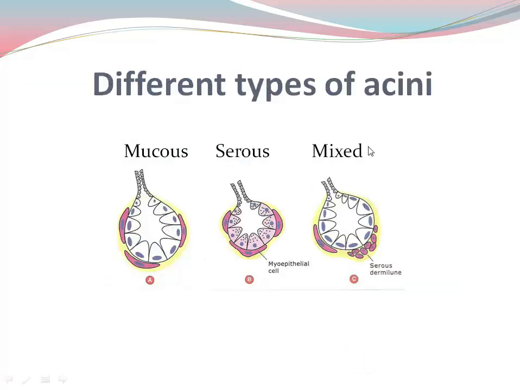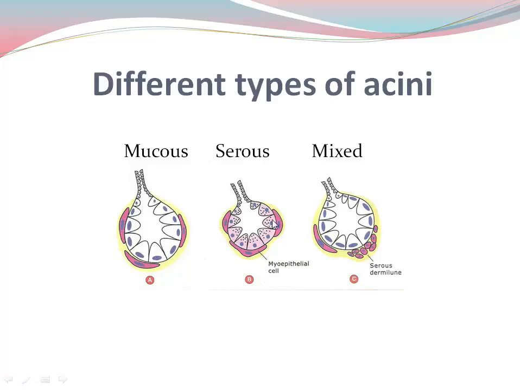Now here we see different types of acini in a salivary gland. Based on the type of secretion, they are separated into mucus secreting, serous secreting, and mucus as well as serous secreting acini. The basic structure is the same. There is a basal lamella, over that there are epithelial cells, surrounded by myoepithelial cells.